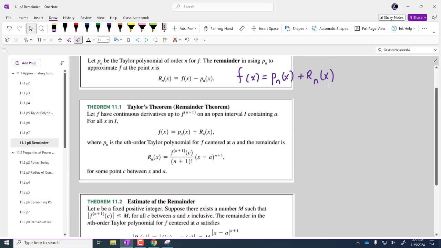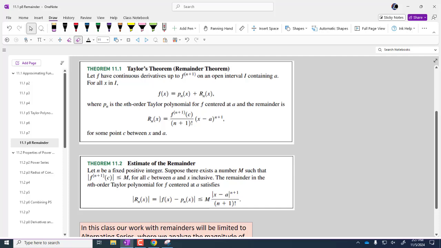If we look at our infinite series, it has terms of the form the nth derivative at the center divided by n factorial times x to the n, if it's centered at 0. If it's not centered at 0, and this one's not centered at 0, there's an a, so that should be x minus a to the n.